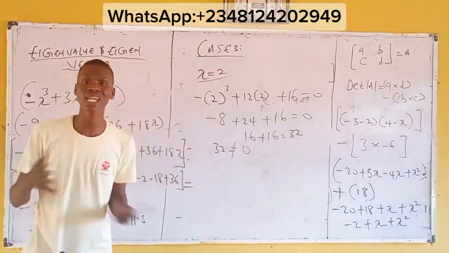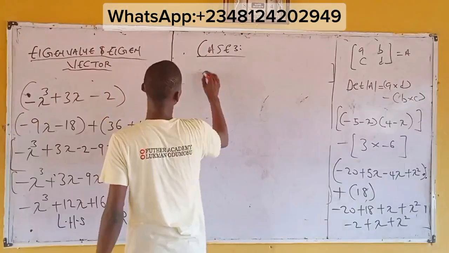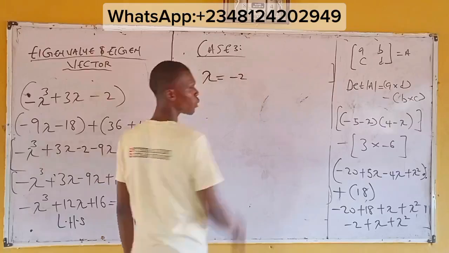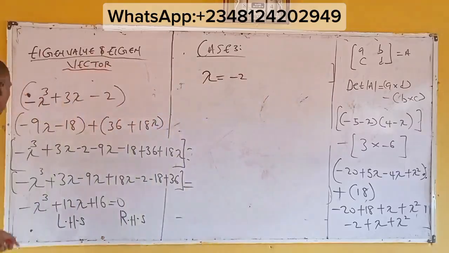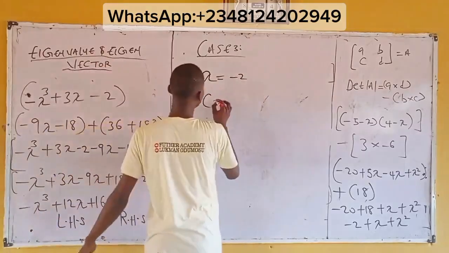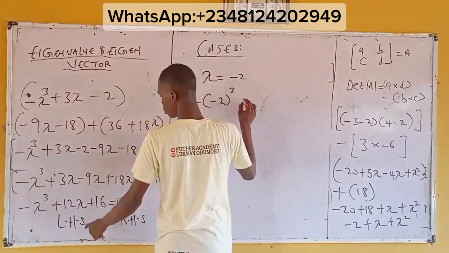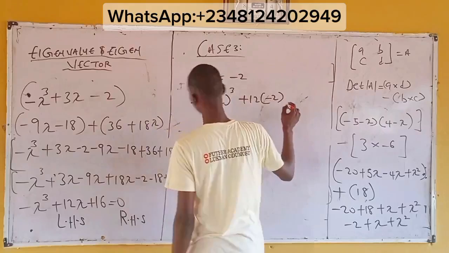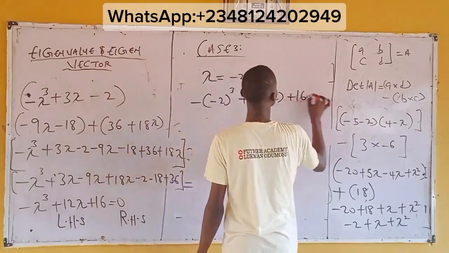Now let's use lambda equals negative 2. Let's do this together. What do we have? Minus, all into bracket minus 2 cubed, plus 12 all into bracket minus 2, plus 16 equals 0.